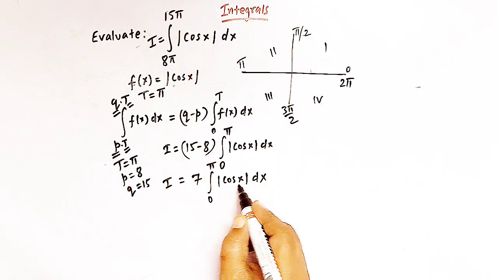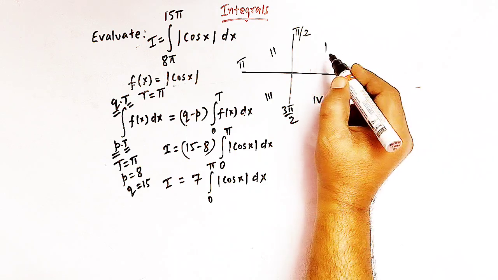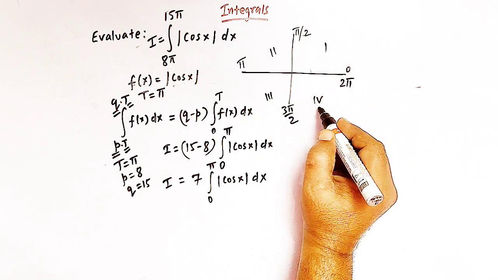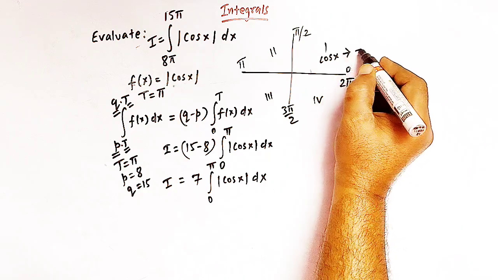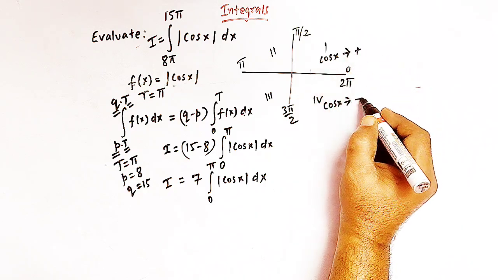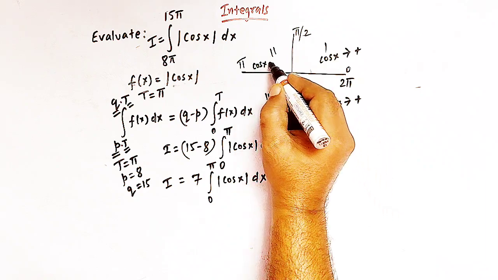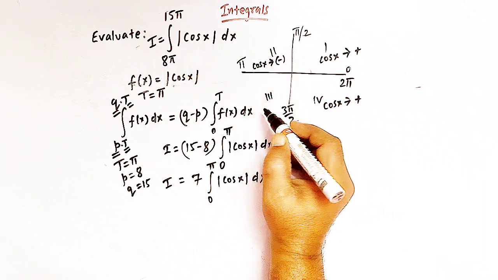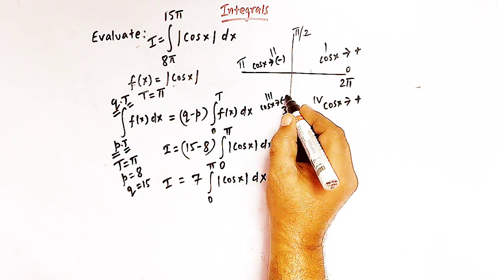And we know that the cosine function is positive in the first quadrant and in the fourth quadrant, and the cosine function is negative in the second and third quadrant.